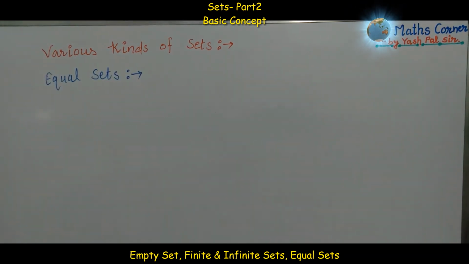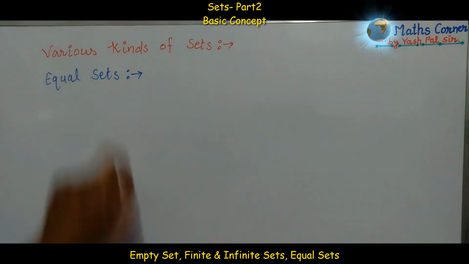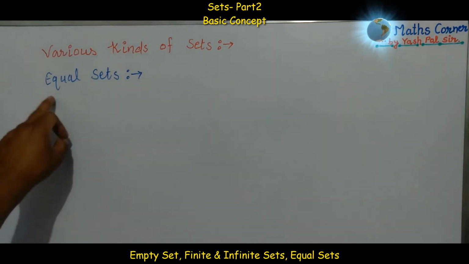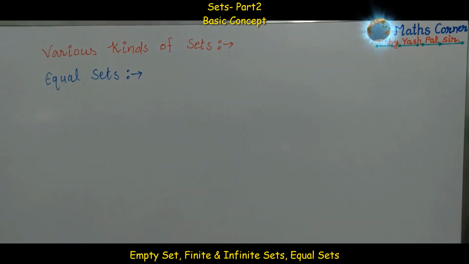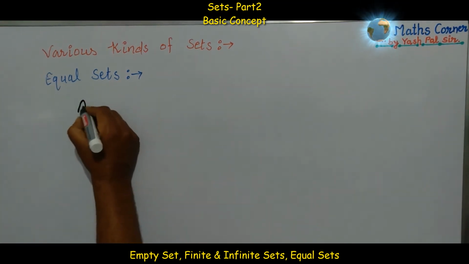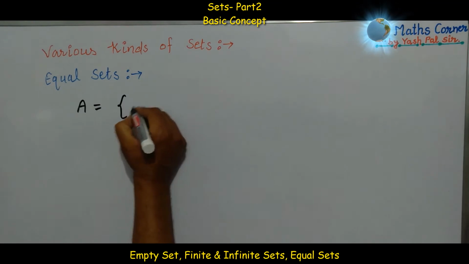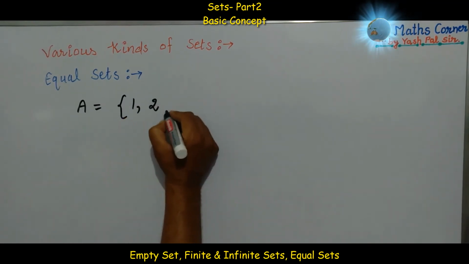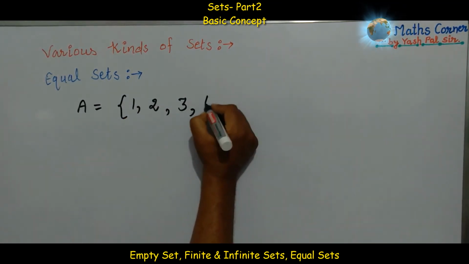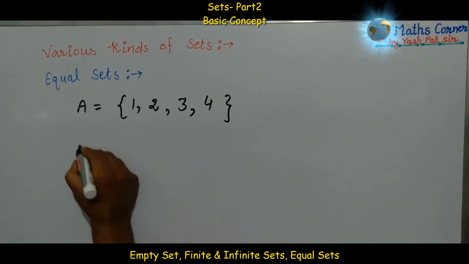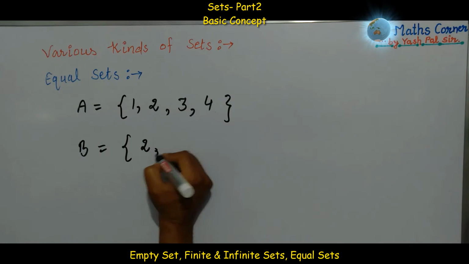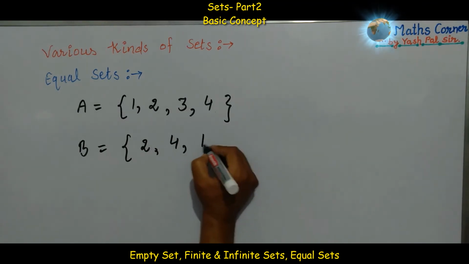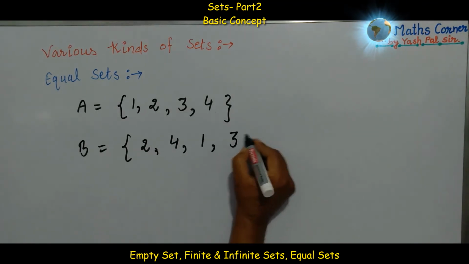Next term we have is equal sets. What are equal sets? Of course, we are taking more than one set here. Suppose the first set A is equal to {1, 2, 3, 4}, and set B is equal to {2, 4, 1, 3}.